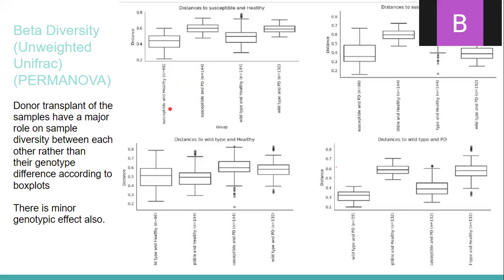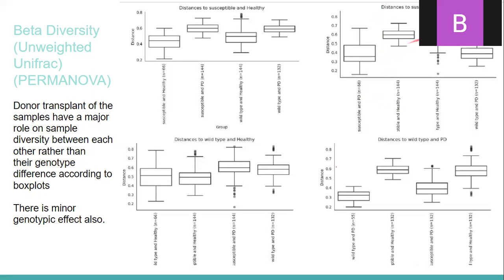As we look closer at the figures, it can also be seen that donor type is much more effective for dissimilarity. Here, susceptible and PD versus wild type and PD show no big difference, but susceptible and PD versus susceptible and healthy show a high difference. So we see that this is caused by the donor type rather than genotype.